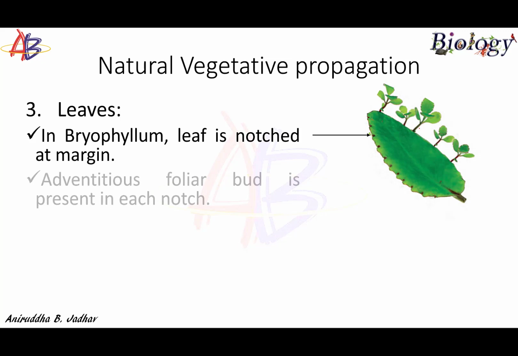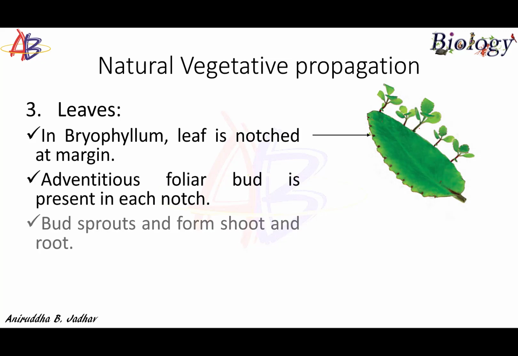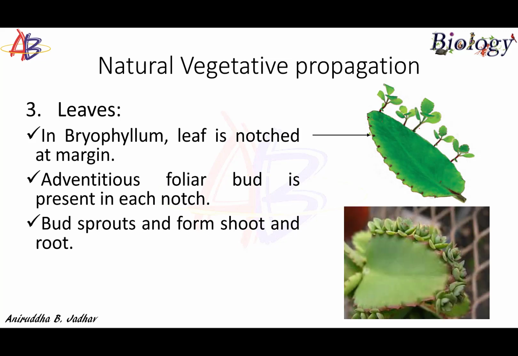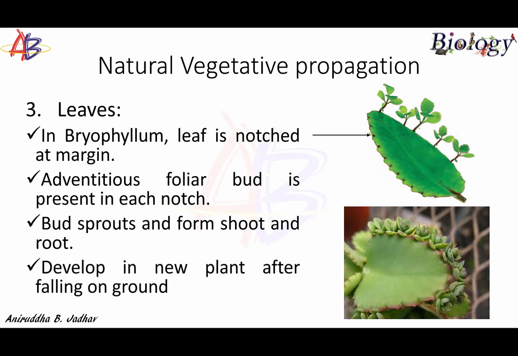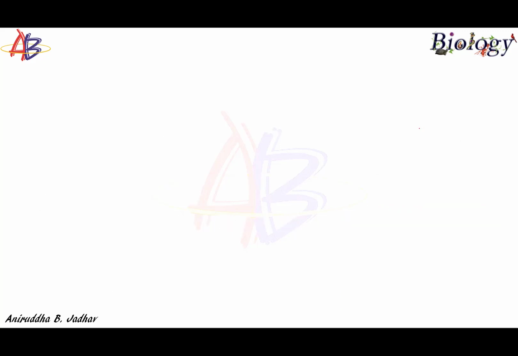These buds start sprouting on the leaf to form a leafy shoot and adventitious roots. When such sprouts fall on wet soil, they develop into independent plants. The examples here include Bryophyllum and Begonia.